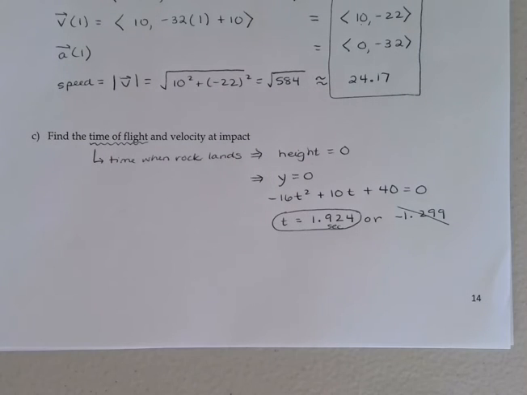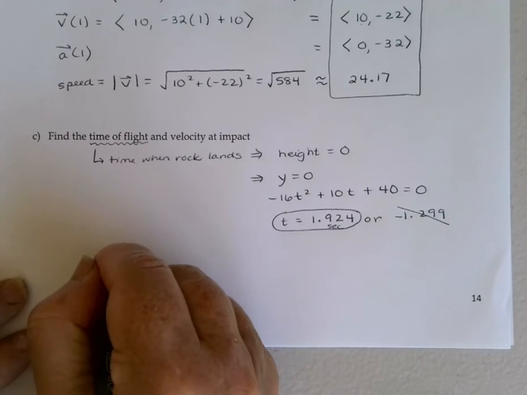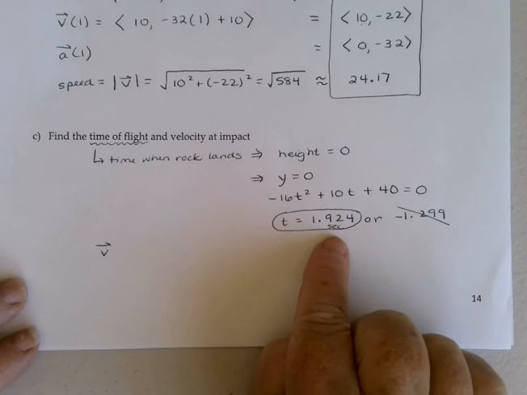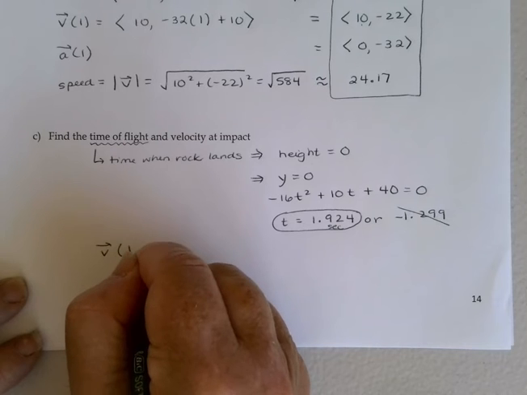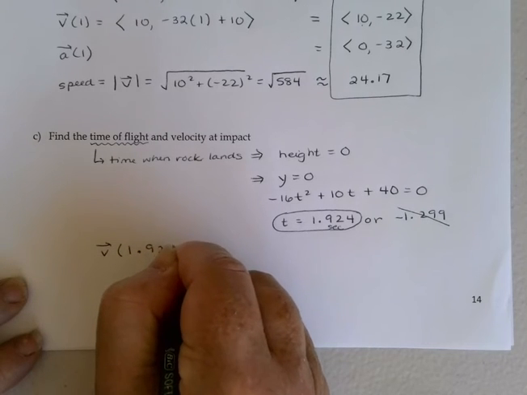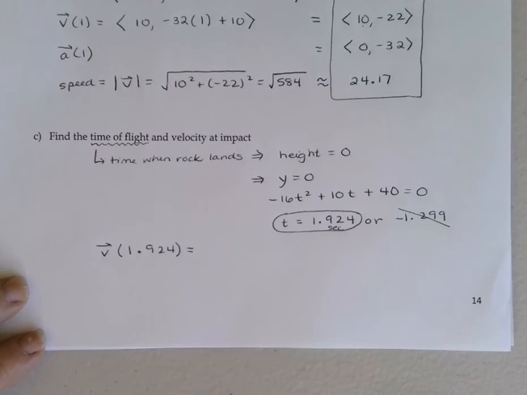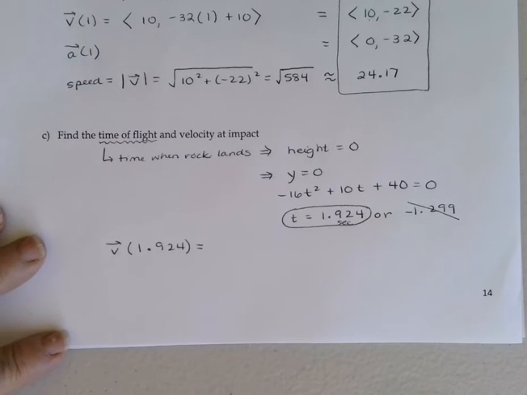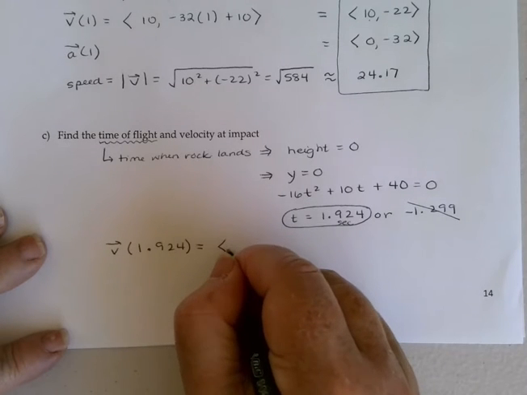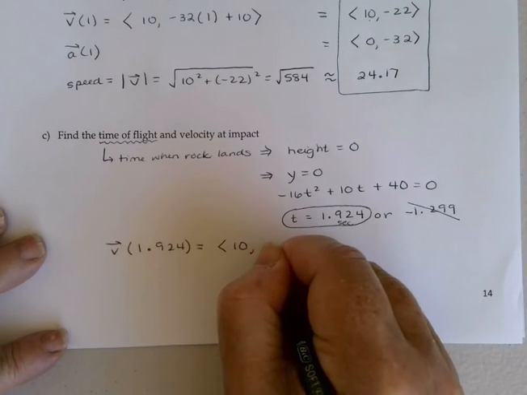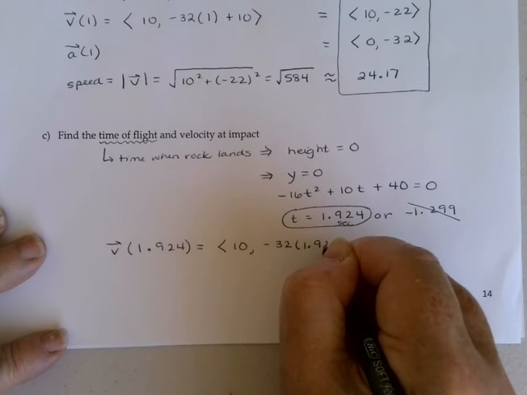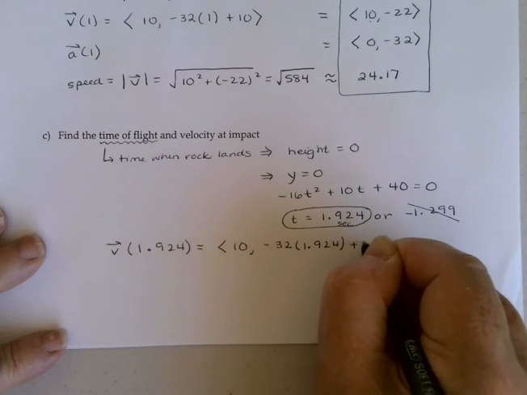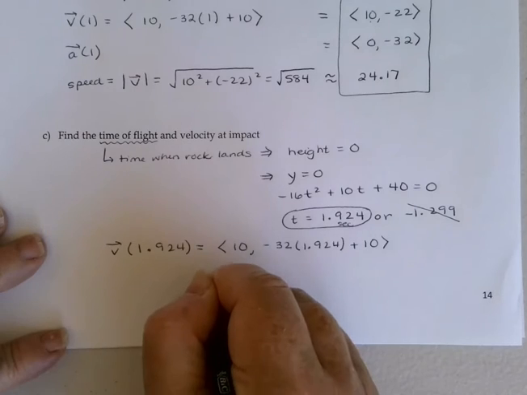All right, as far as the velocity then at impact, I want the velocity at this time when the rock hits the ground, so it would be v of 1.924. So I'm just going to go back up and grab my v equation from my equations of motion. That would be 10, comma, negative 32 times 1.924 plus 10.